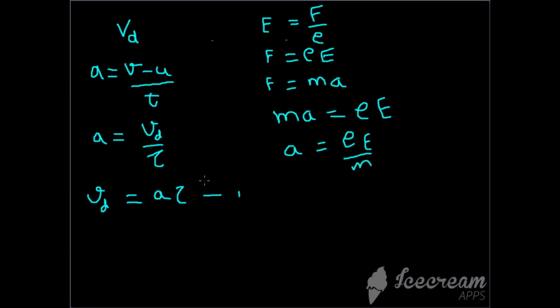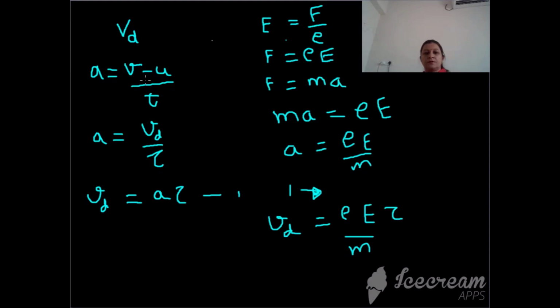Put this in equation 1. So equation 1 becomes Vd equal to small e capital E into tau divided by m. This is the expression for drift velocity.